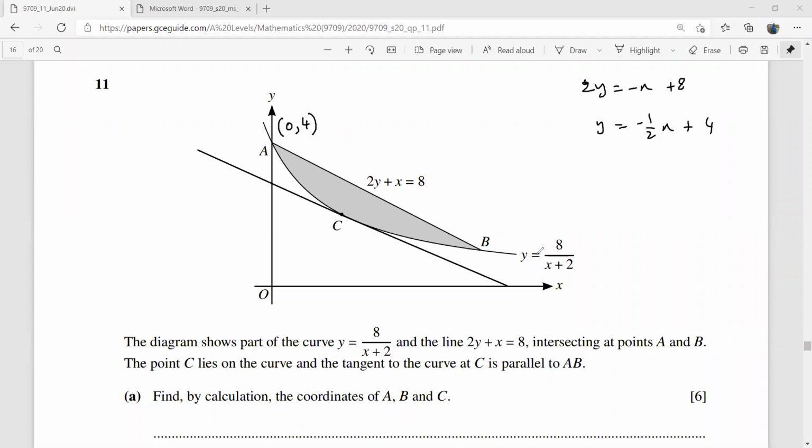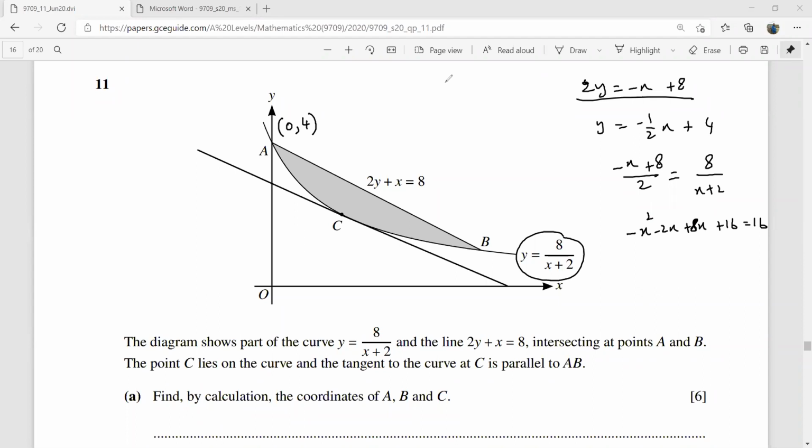Next, you solve these two equations simultaneously. This is minus x over 2 plus 4, that is going to be 8 over x plus 2. I'm solving this equation and this equation simultaneously. So we have minus x squared minus 2x plus 8x plus 16 equal to 16.